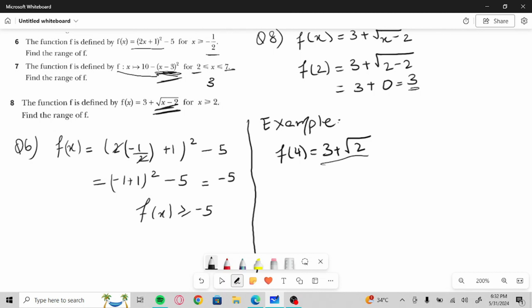This shows us that any value we get is surely greater than 3, except if we input 2. The input of 2 gives us the minimum image value. So we say f(x) is greater than or equal to 3, and that's the answer.